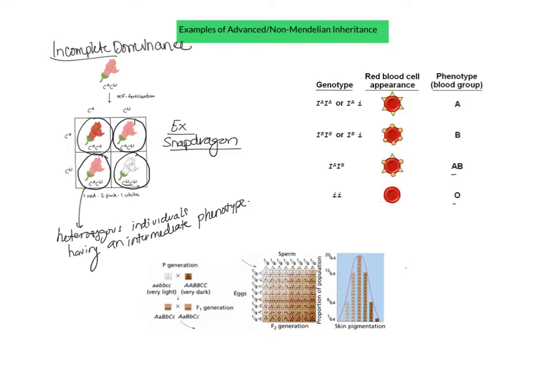Okay, the second example of advanced or non-Mendelian inheritance is this idea of codominance. And the idea here is that there are some traits where there are multiple dominant alleles.